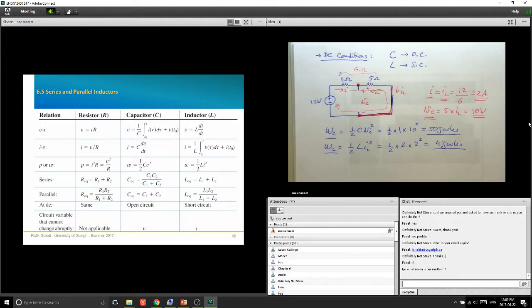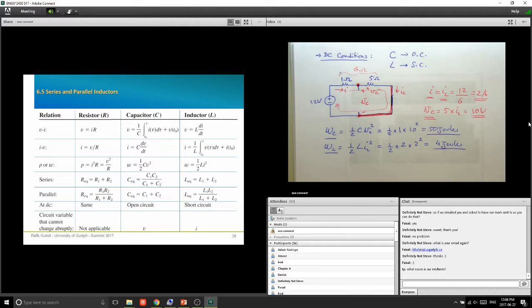Now again, the circuit variable that cannot change abruptly. We saw that we have issues with capacitors and inductors with voltage or current changing instantaneously. You don't have any problems with a resistor. Resistor doesn't have any restrictions on that. It's not applicable. Ohm's law is Ohm's law. If either the voltage or current changes instantaneously, the other one follows instantaneously.